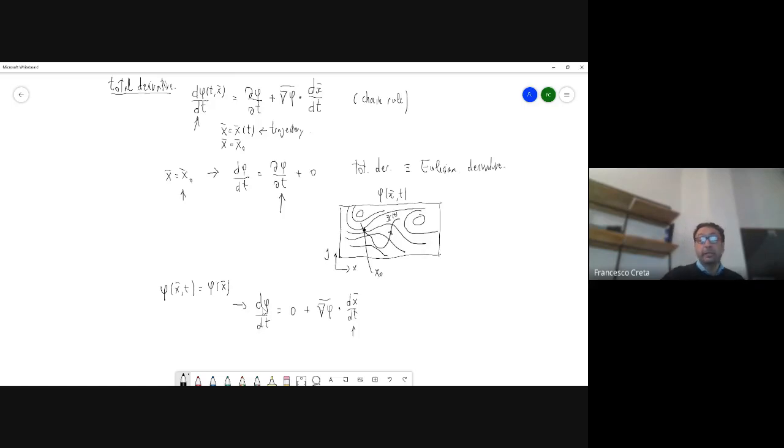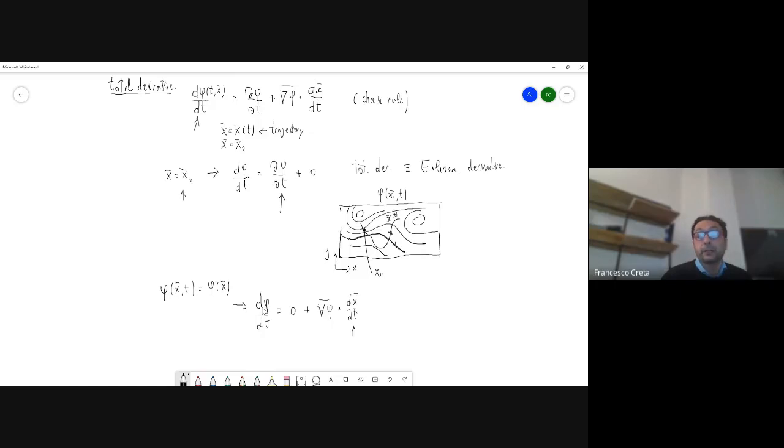So it really is a time derivative that depends on two factors: how steep my variation is and how fast I'm cutting these lines. Of course, if I'm moving along an isoline, so I'm following this isoline here, well, you see what happens.